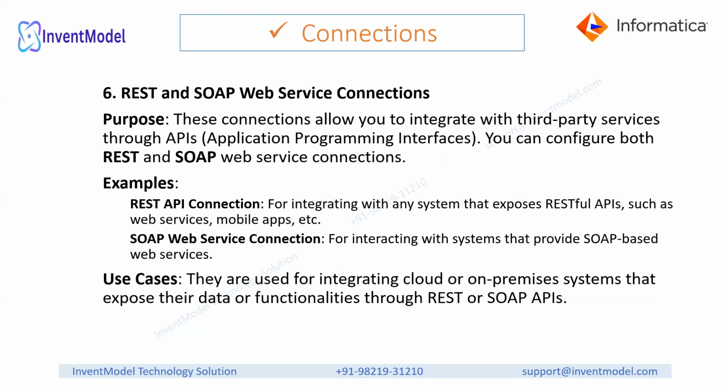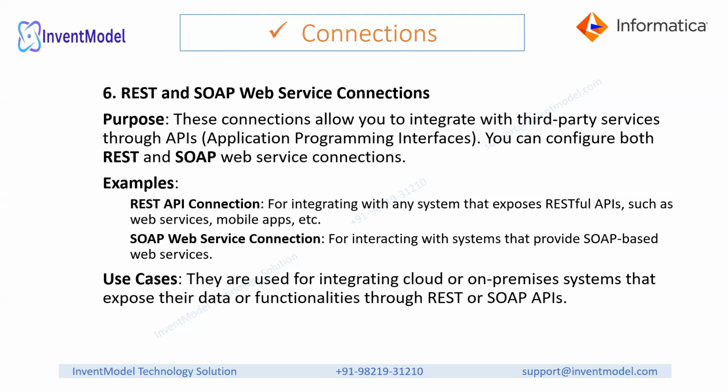And next we have REST and SOAP web service connections. The purpose of these REST and SOAP web service connections is to allow you to integrate with third-party services through API. You can configure both REST and SOAP web service connections based on the different scenario.